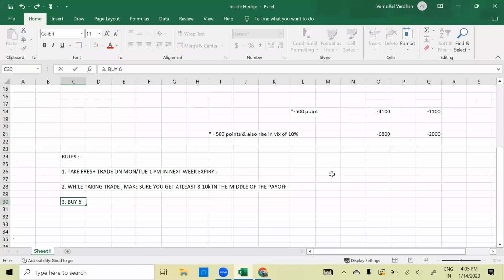Buy 500 to 600 points away from the Bank Nifty strike, and sell another at 500 points distance.